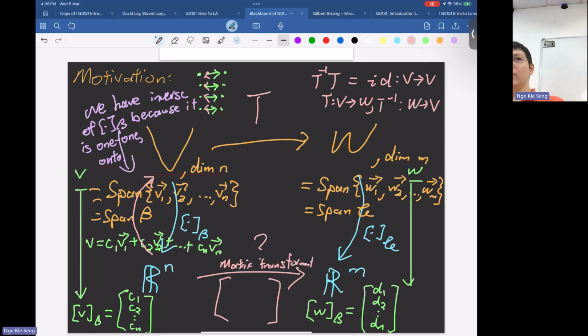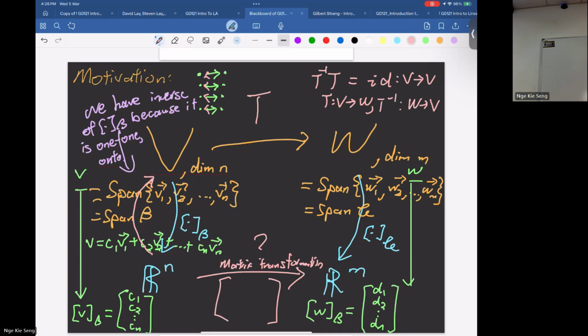Meaning every T between vector spaces can correspond to some matrix transformation between Rn and Rm. And how to decide this n and m depends on the dimension of your V and W.